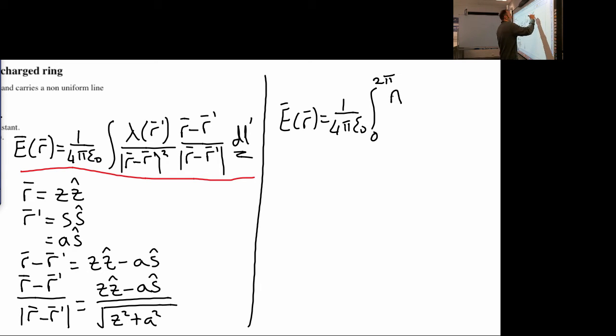This is A sine phi over square root of z squared plus a squared, all squared.